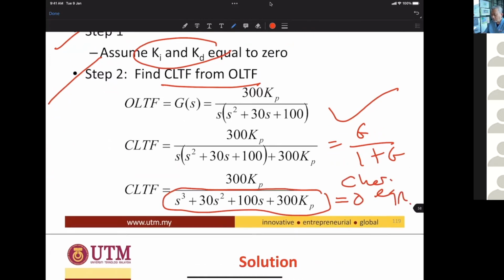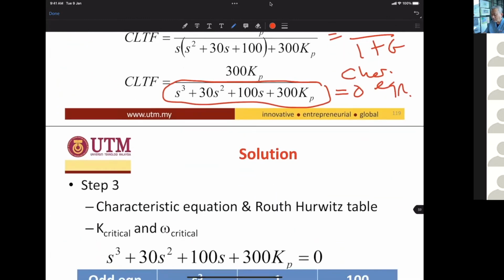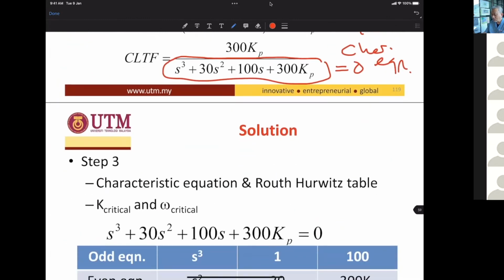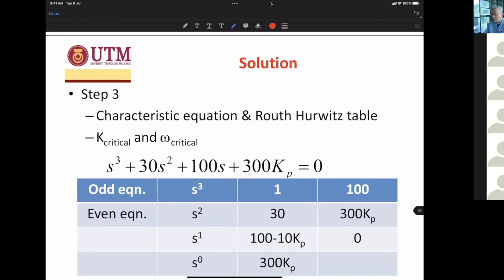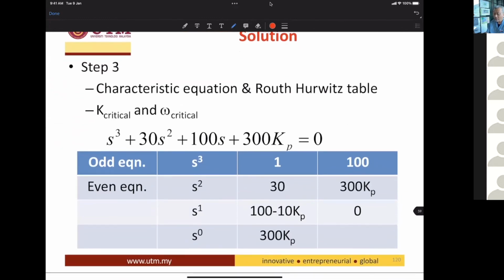Use this characteristic equation and insert it into the Routh-Hurwitz table. This is 1, 1, 30, 100, and 300 Kp, for S cubic, S squared, S1, and S0. Then continue to fill up the table.